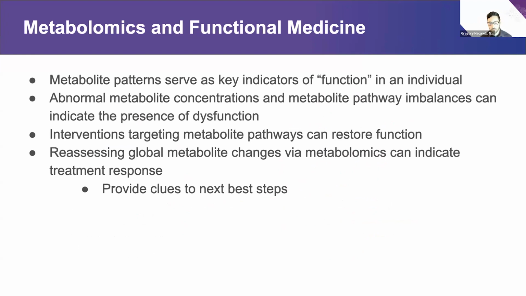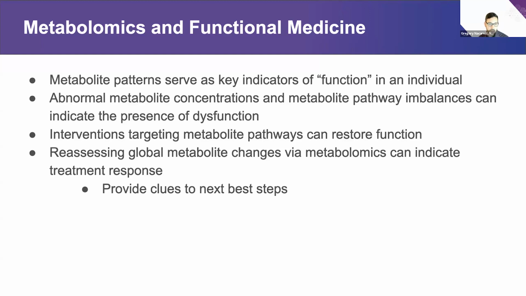And so how do metabolomics and functional medicine fit together? So metabolite patterns can serve as key indicators of function in an individual, and abnormal metabolite concentrations or pathway imbalances can indicate the presence of dysfunction at some point of that pathway. And so by understanding this, we could figure out, okay, what interventions can we use to target which metabolic pathways to restore the function?